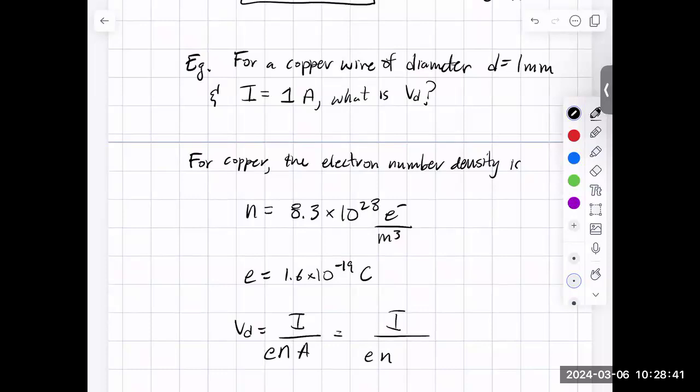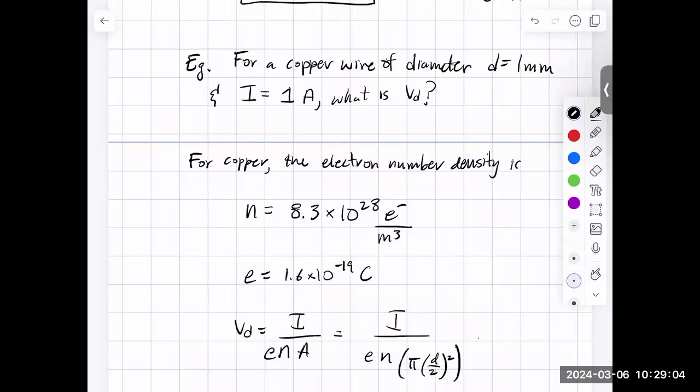We need the number density, which we have. And for our area, if this is a cylinder, the cross-sectional area is a circle. Area is pi r squared, or pi times the diameter divided by 2 squared. And the diameter was given as 1 millimeter.